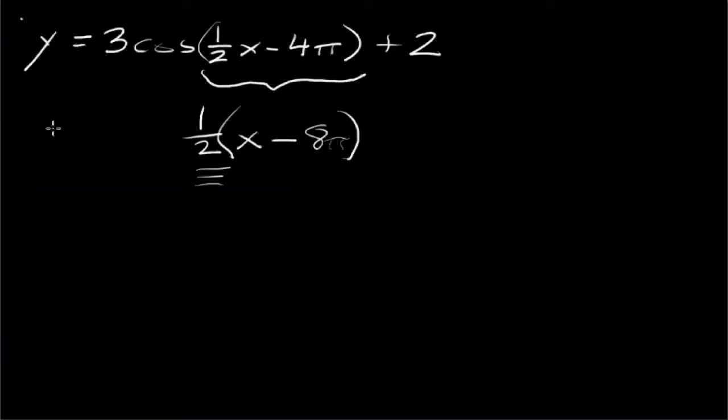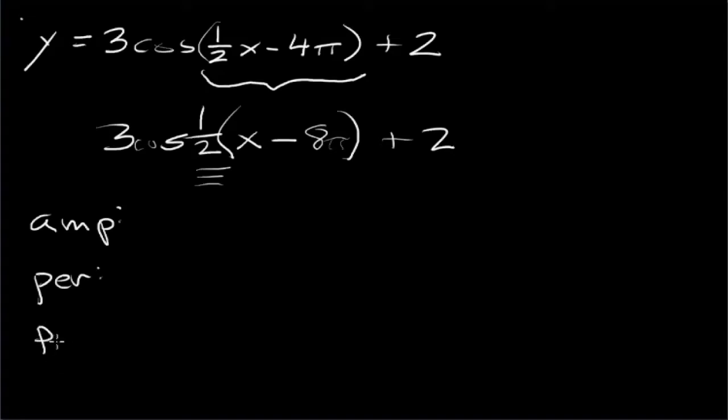So really the equation that I have is 3 cosine of 1/2 x minus 8 pi, plus 2. And now it's okay to start looking at those numbers and saying, what does this mean about this equation? Let's just list out what the different features of this graph would be: amplitude, period, phase shift, which I'll just call phase, and vertical shift.